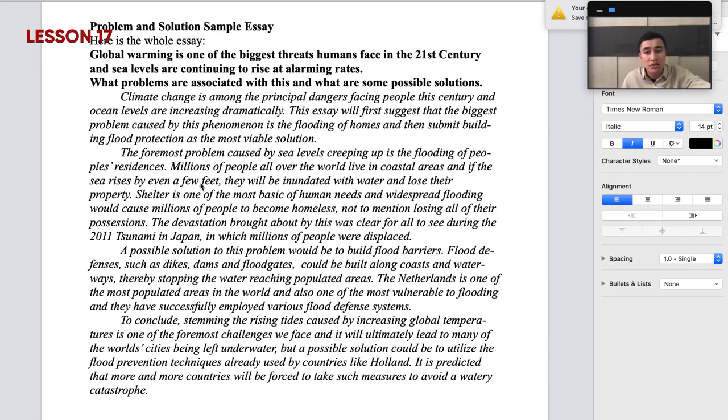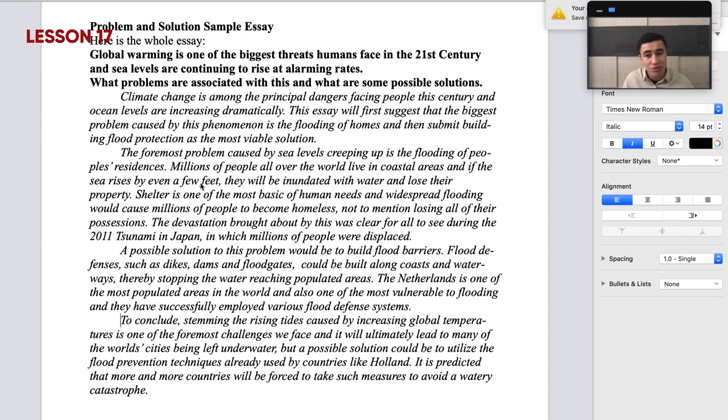Shelter is one of the most basic of human needs, and widespread flooding would cause millions of people to become homeless, not to mention losing all of their possessions. The devastation brought about by this was clear for all to see during the 2011 tsunami in Japan, in which millions of people were displaced.